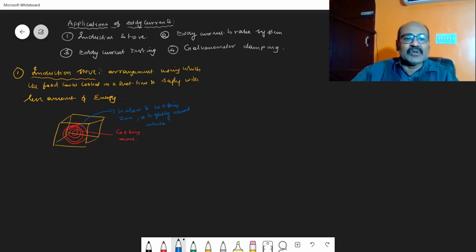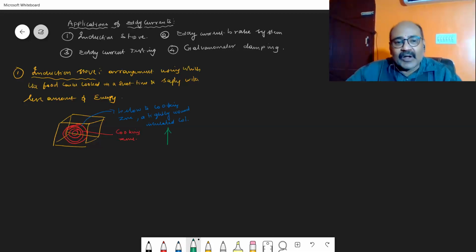To this tightly wound insulated coil, we are supplying an alternating current, that is, the AC current that we get in our home.